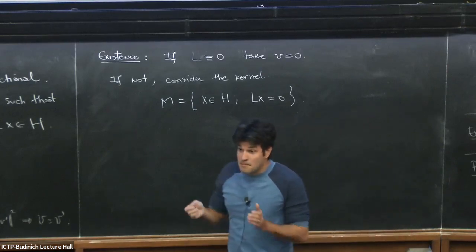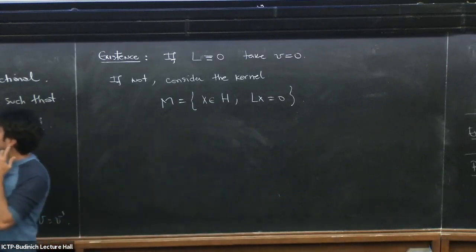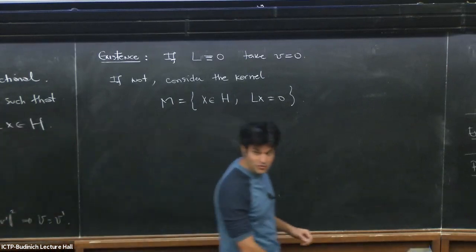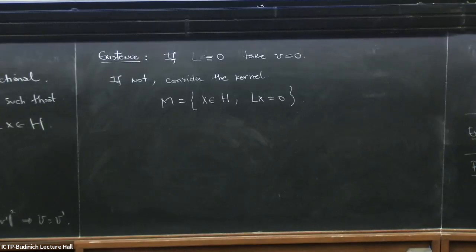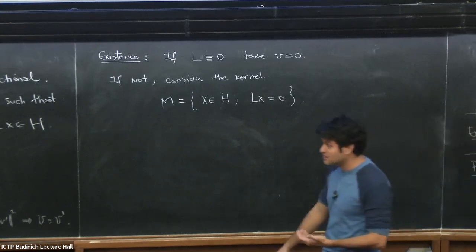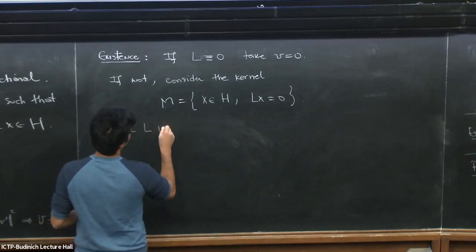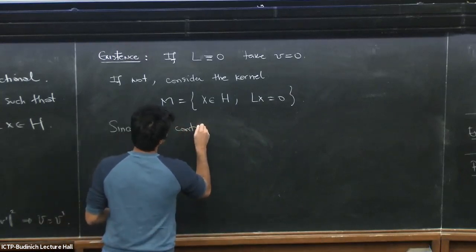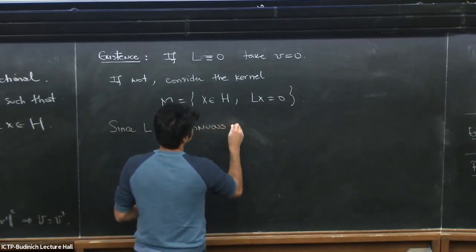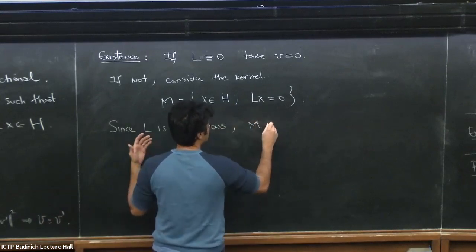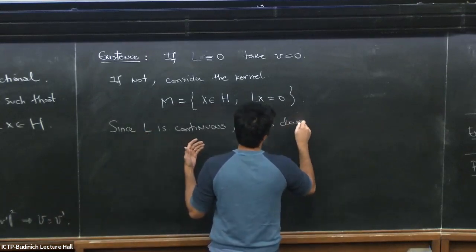Because L is a bounded linear functional, I told you to do at home that a bounded linear functional is also continuous. Being bounded and being continuous is the same thing for linear functionals. So since L is continuous, this subspace M is closed.